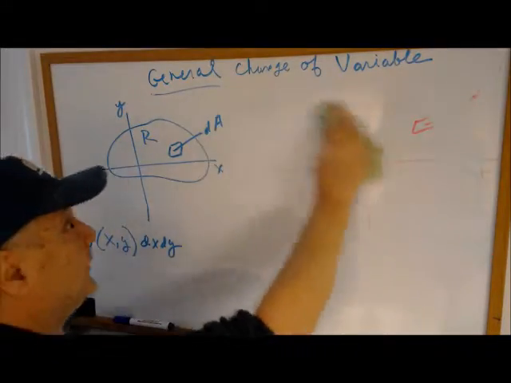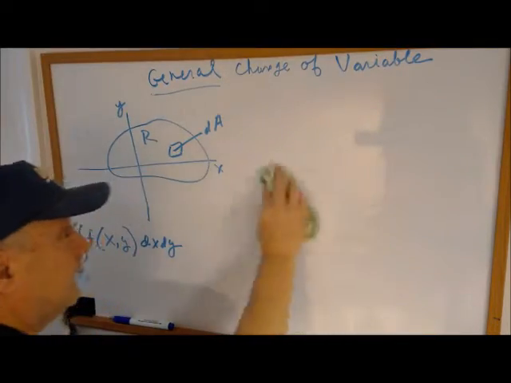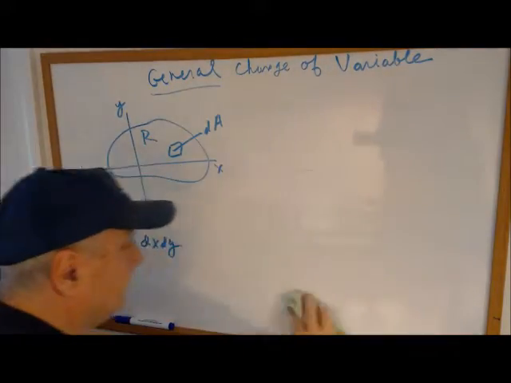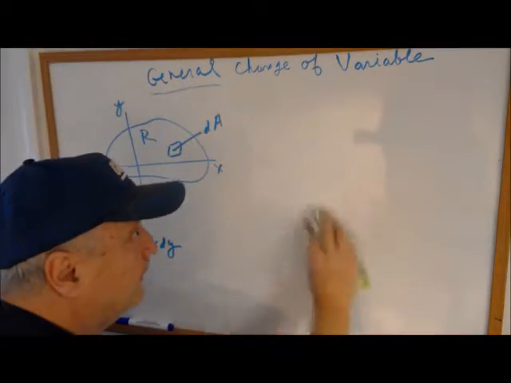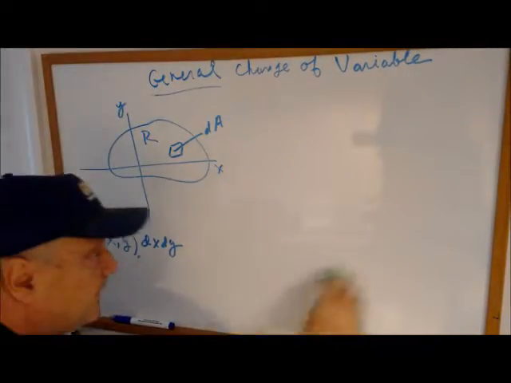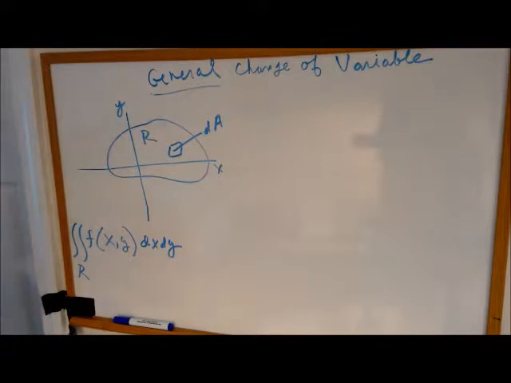And we may have to come up with our own transformation. And if we can come up with our own transformation that makes a hard problem easier, in order to evaluate it, we need to determine what that Jacobian value is, that stretching factor value.